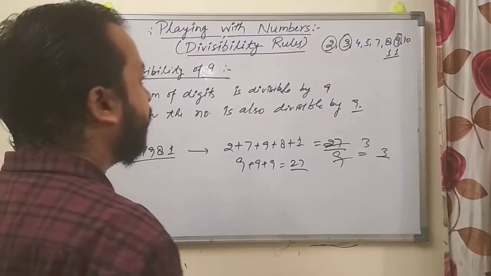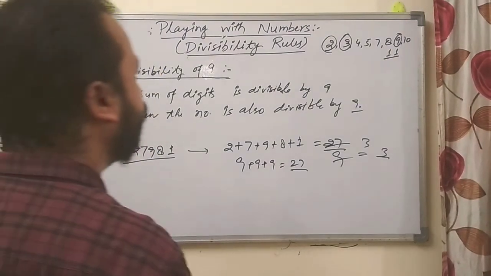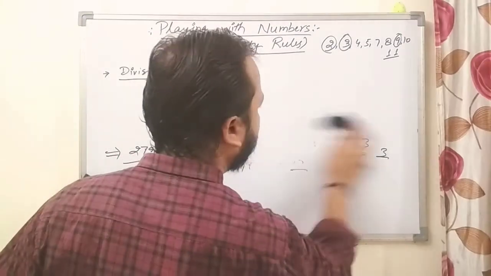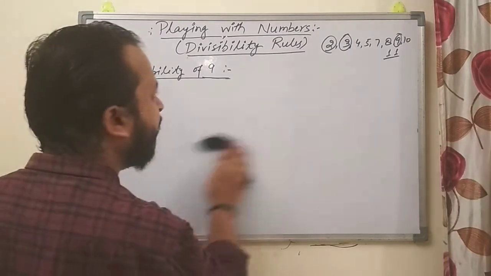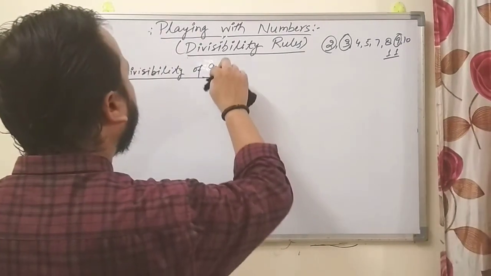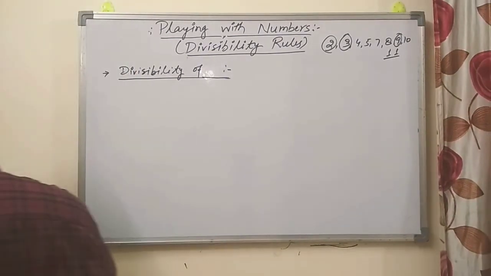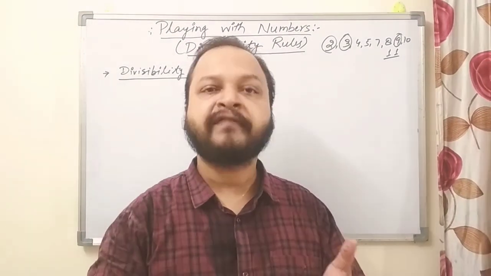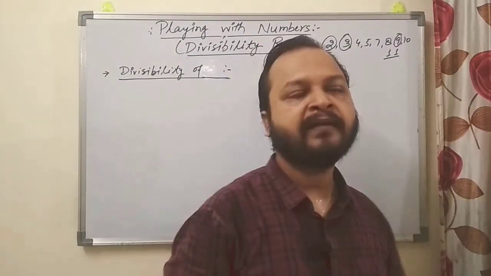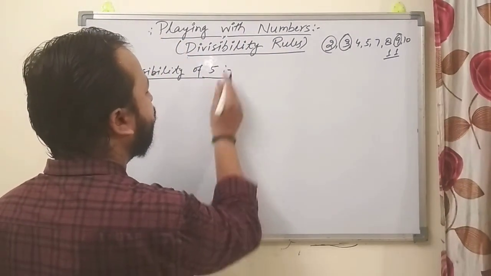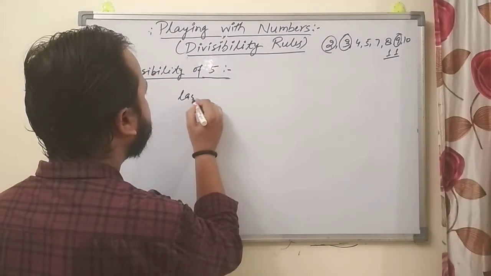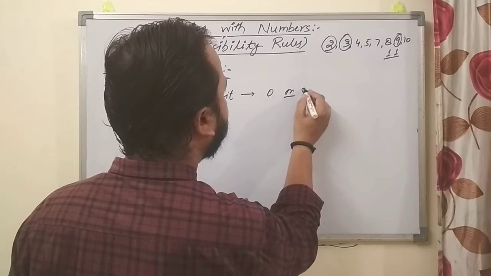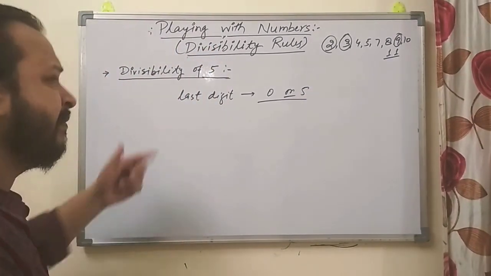Now come to the divisibility rule of 5 and 10. In the divisibility rule of 5, if the last digit, or unit digit, of any number is either 0 or 5, that number is divisible by 5.